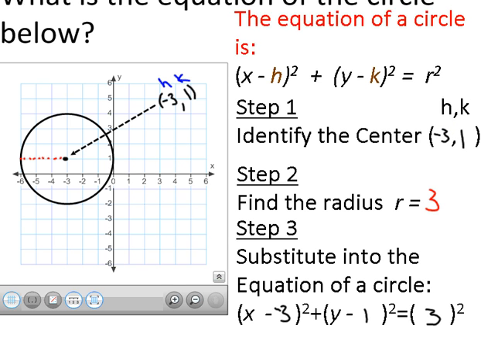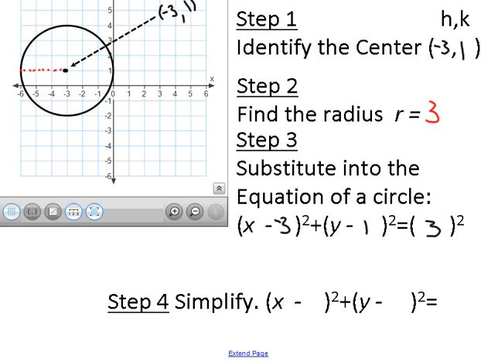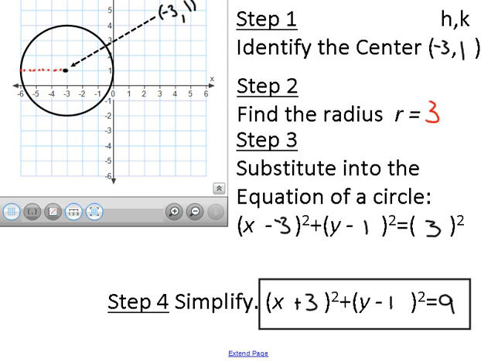It does make a difference, because when I simplify the signs, x minus -3 is going to become x plus 3, because when you subtract a negative, you're really adding. So I get (x plus 3) squared plus (y minus 1) squared equals 9. So this is my final answer when I simplify.